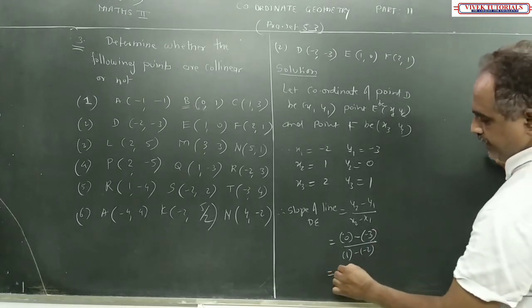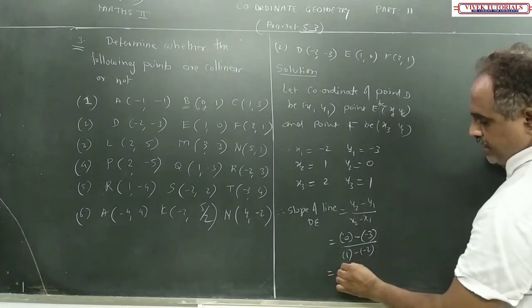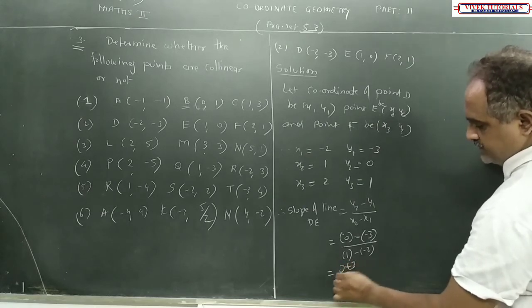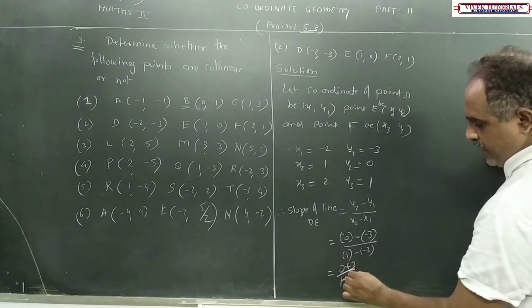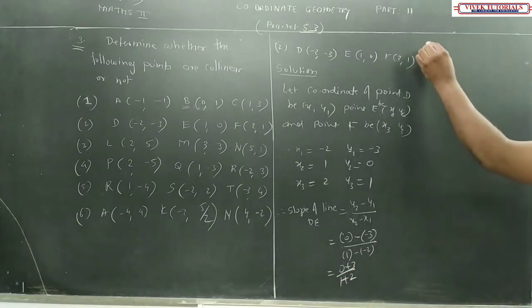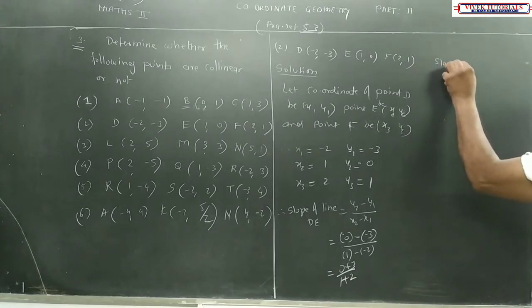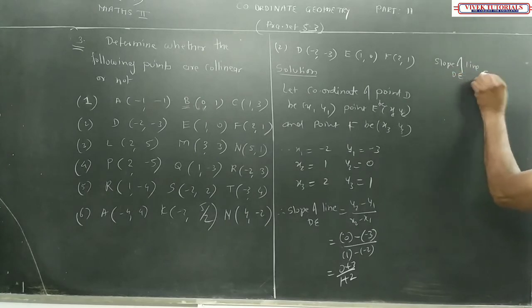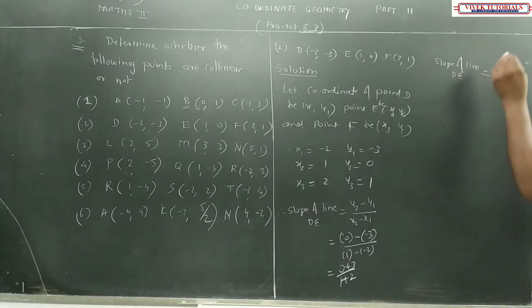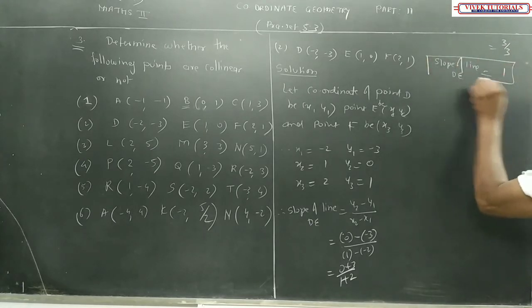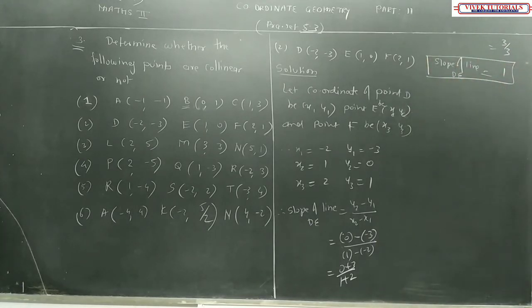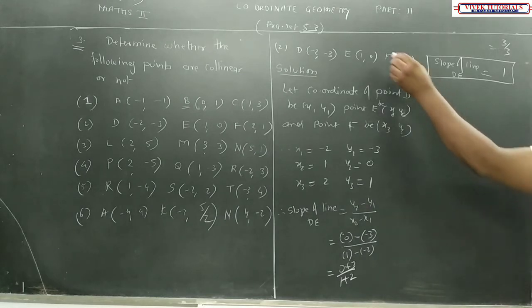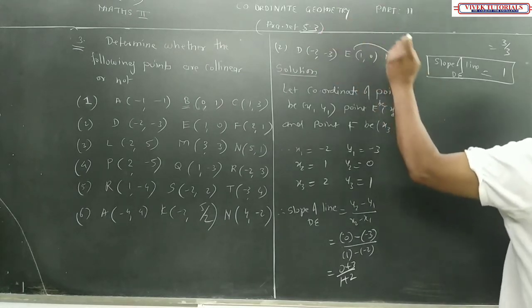So we are getting 0 plus 3 upon 1 plus 2. The slope of line DE is 3 upon 3, which is 1.